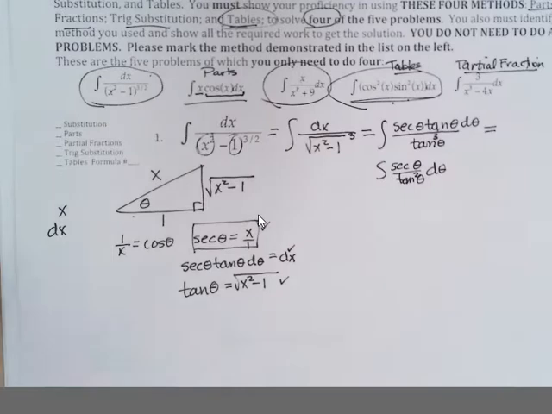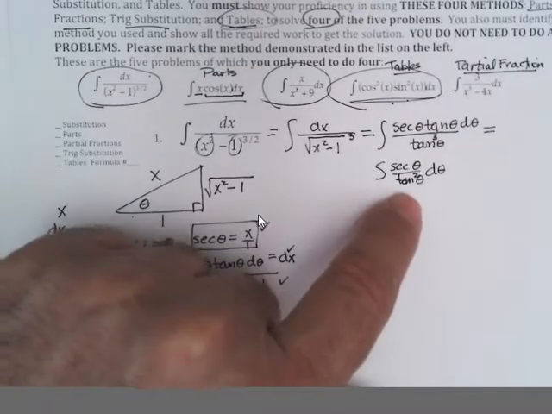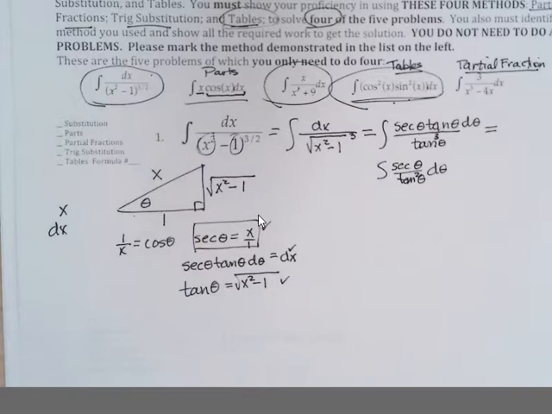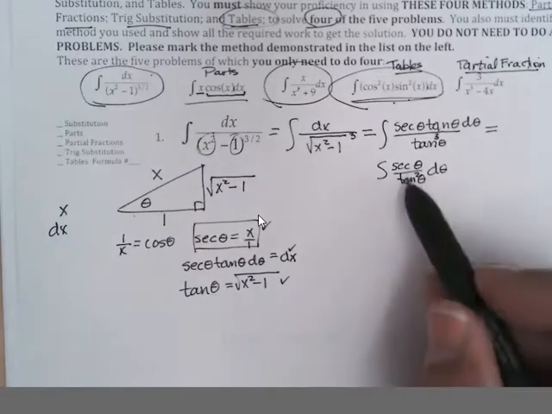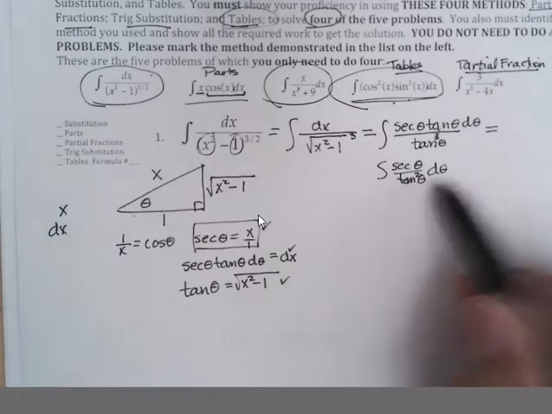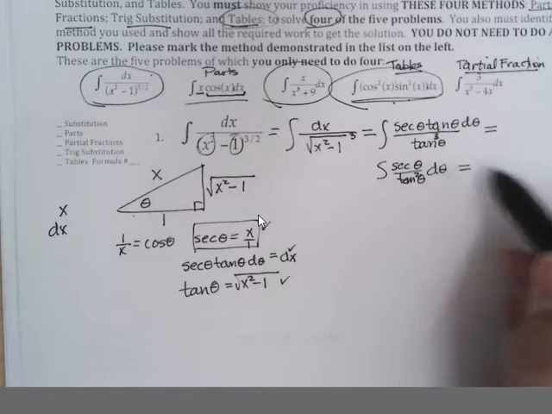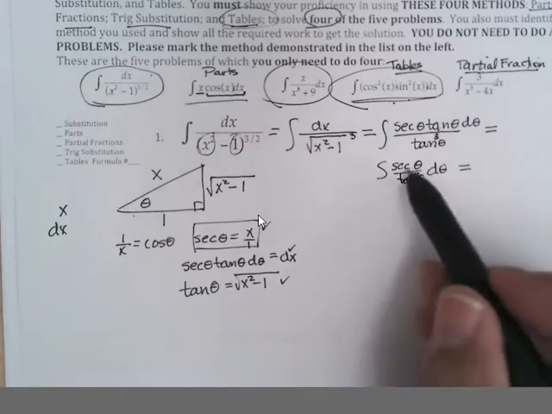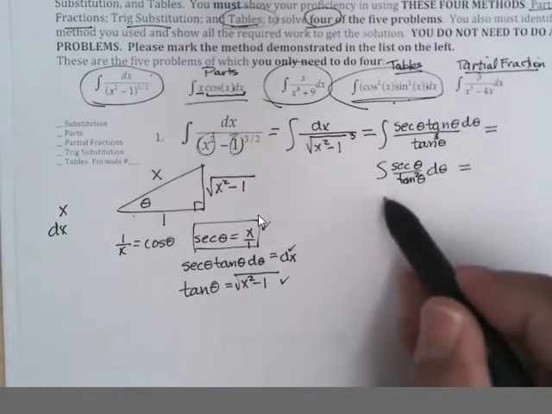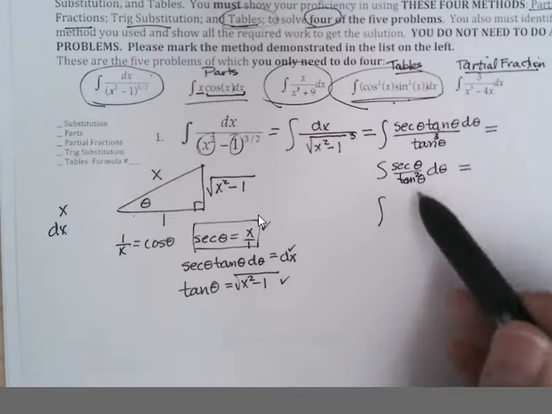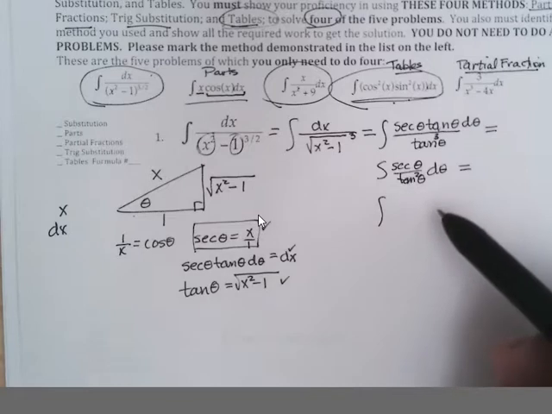Now, I've done my trig sub. I could go look in the tables for something, but you're not going to find anything in the table that will really help us with this. So we have to remember our trig from 154. And one of the things often done is to go to the sines and cosines. Now, you don't have to.